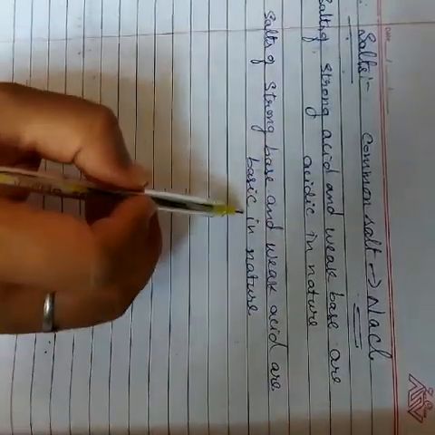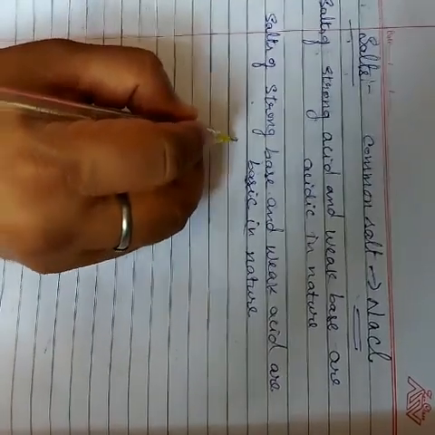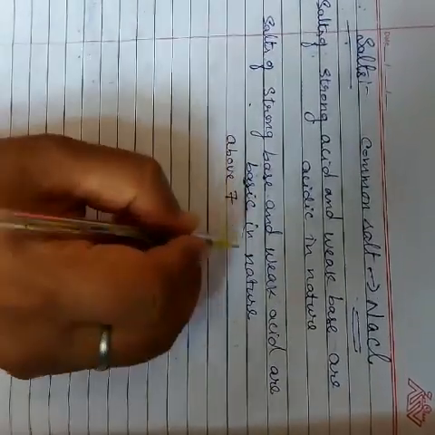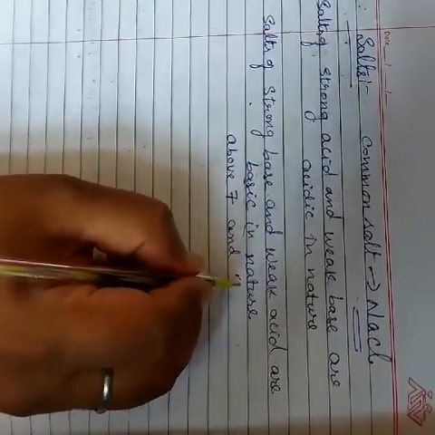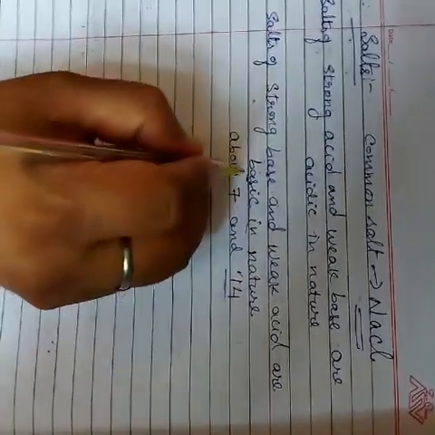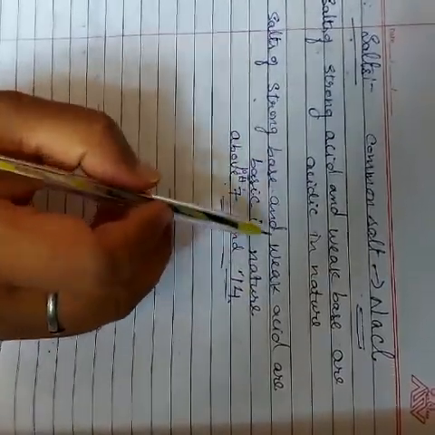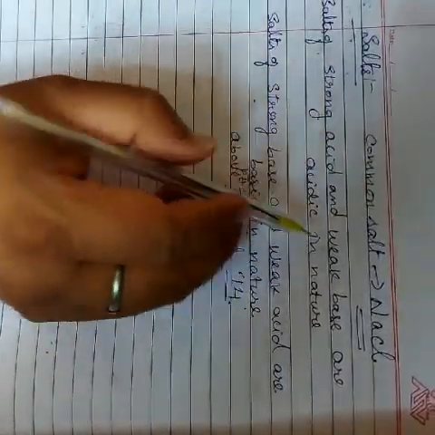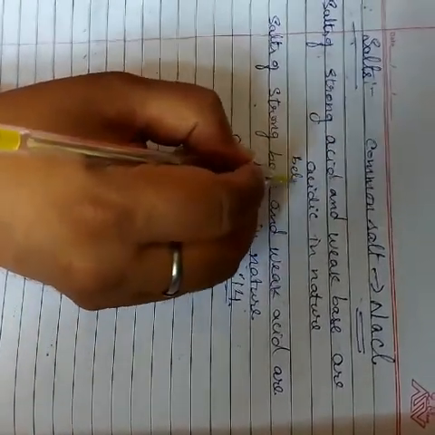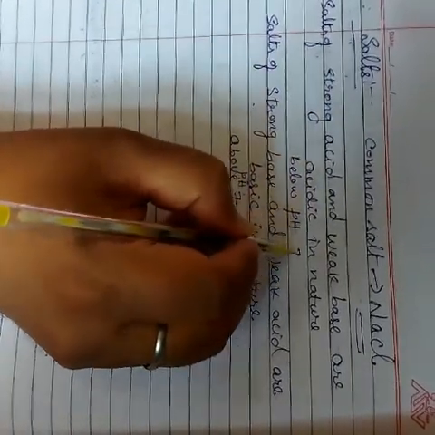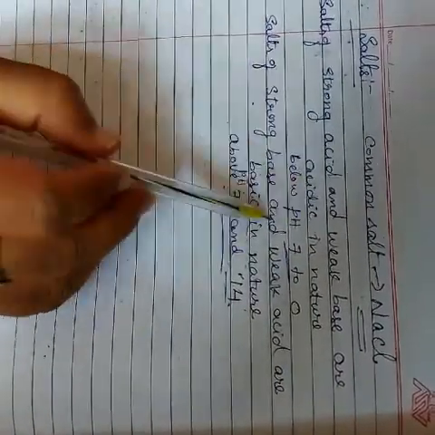If the salt is basic in nature, the pH range is above 7 up to 14. If the salt is acidic in nature, the pH is below 7 down to 0. Remember this range.